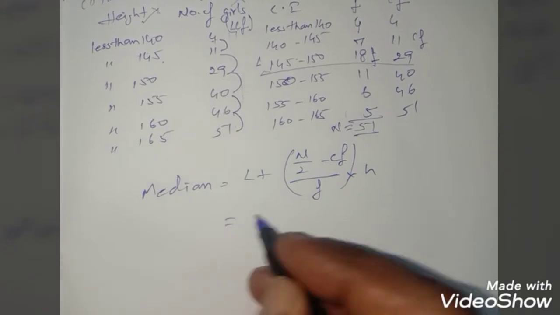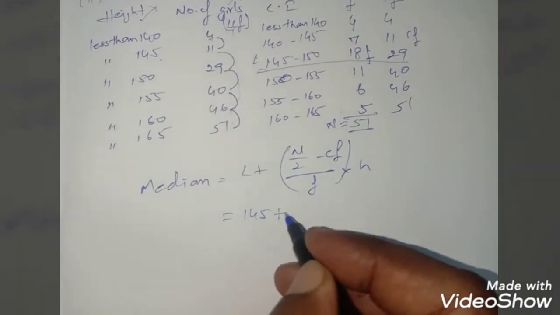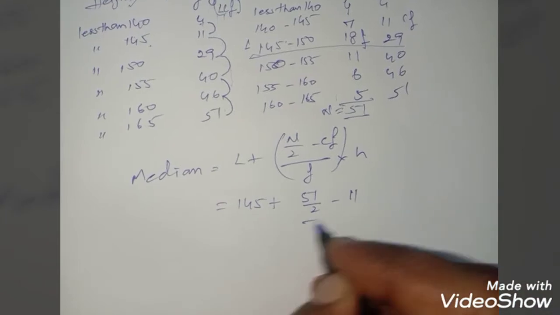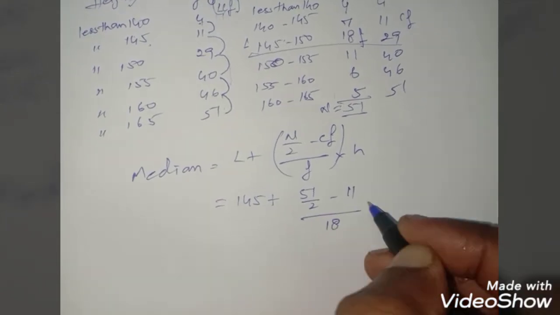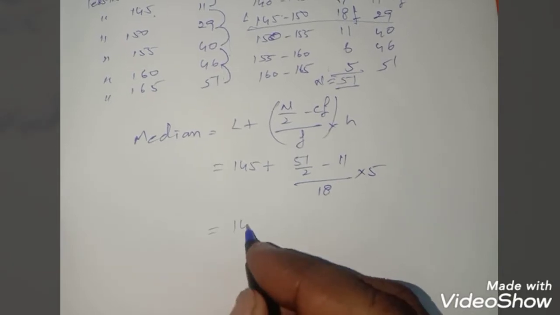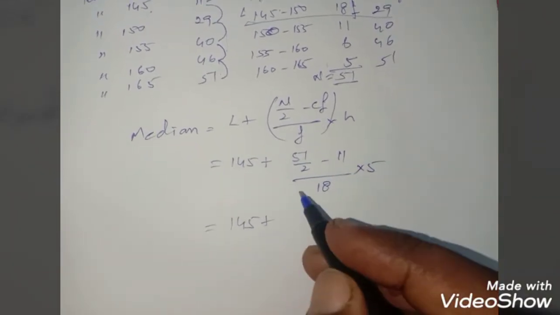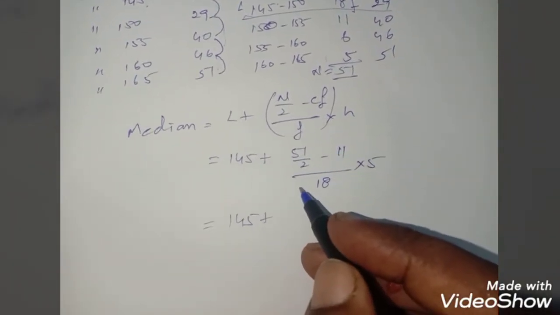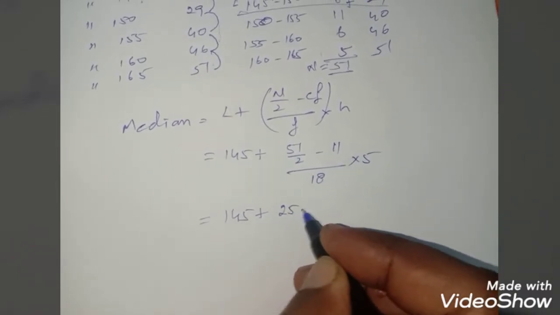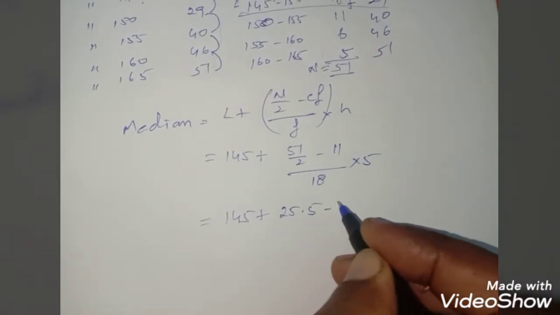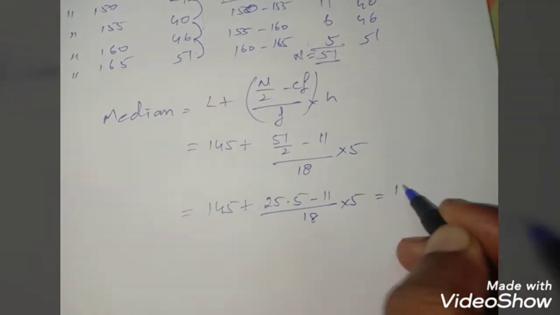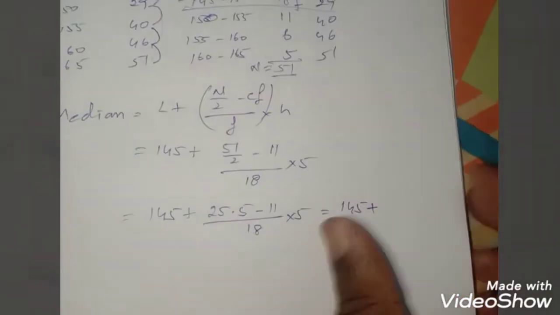Now substitute in this. L is 145 plus n is 51 divided by 2, minus CF is 11, divided by f is 18, into h is 5, the height of the class interval. So 145 plus 51 divided by 2 is 25.5, minus 11, divided by 18 into 5.